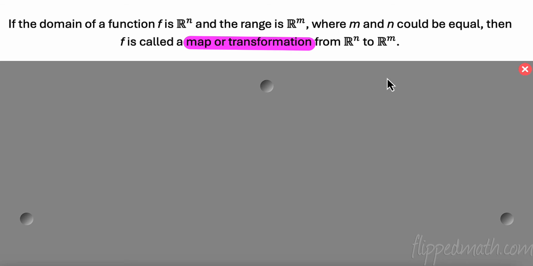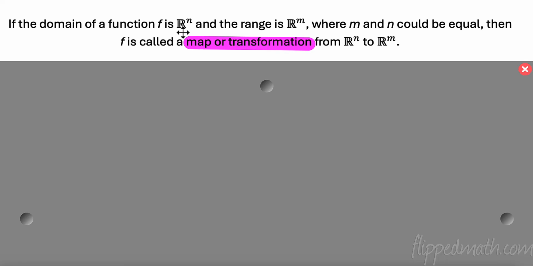What are we talking about? If the domain of a function f is all real numbers to a certain power, meaning that's how many coordinates, how many dimensions we could have, right? We have 2 dimensions, we plot on an x and y. We have 3, we could have an x, y, and z graph. As you get into much more complicated math, you could have many, many more.